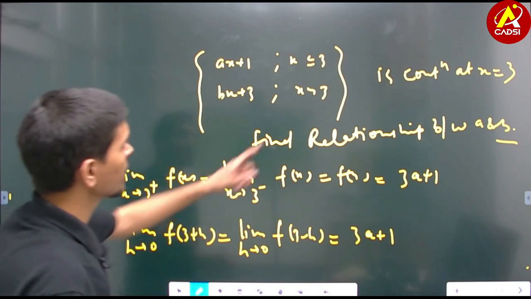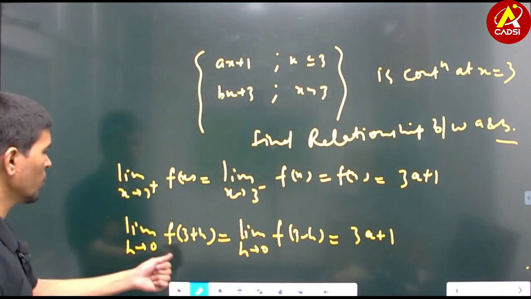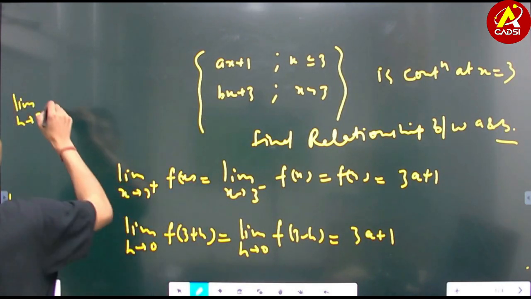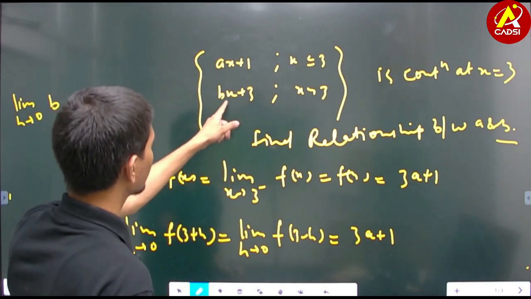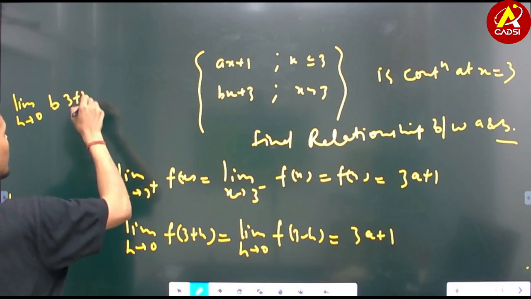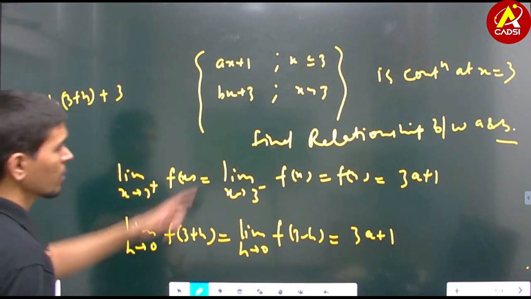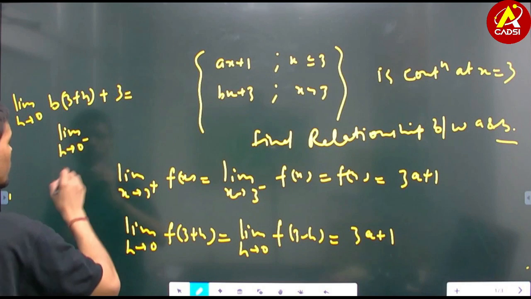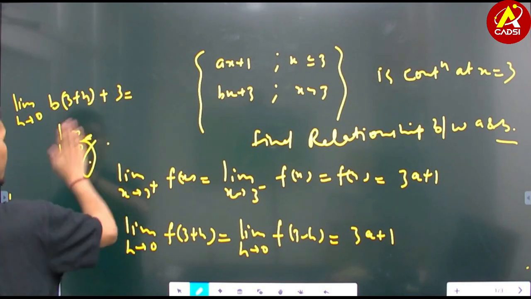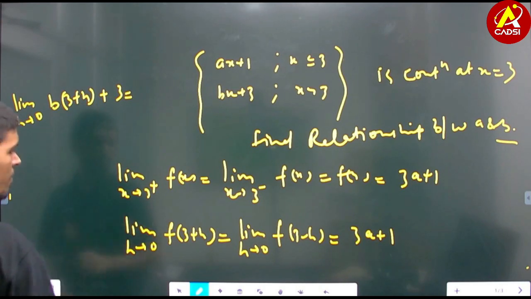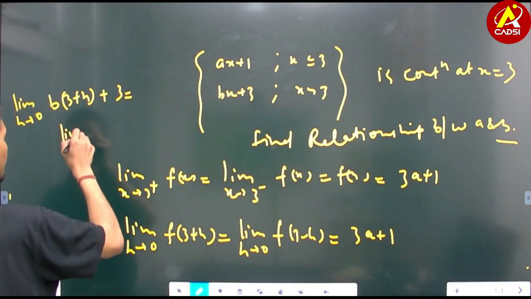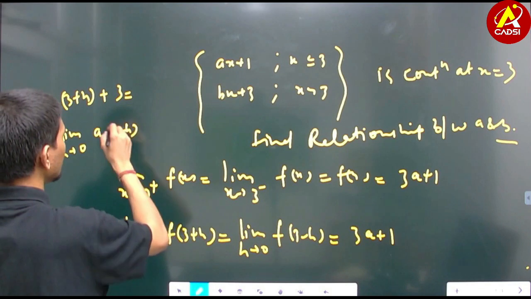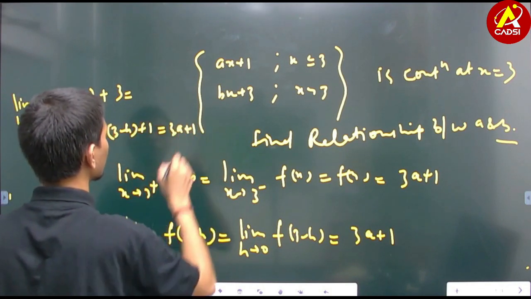So now, limit h tending to 0, here b times 3 plus h, plus 3, equals limit h tending to 0, f of 3 minus h, which means a times 3 minus h, plus 1, equals 3a plus 1.